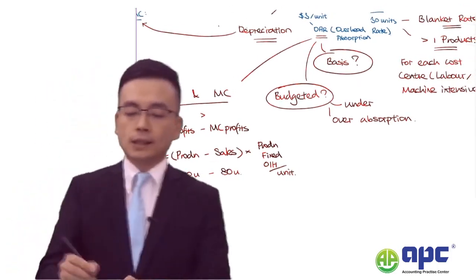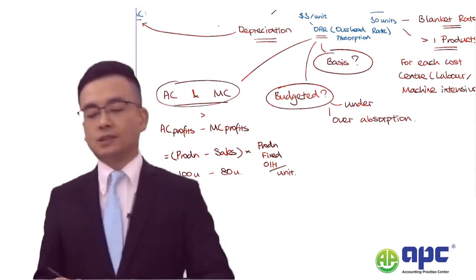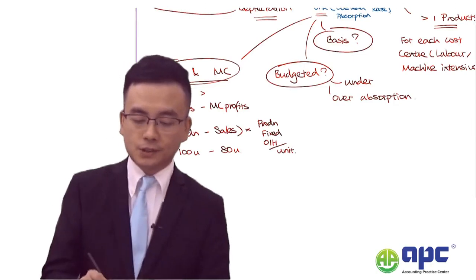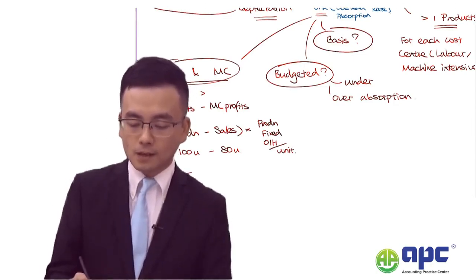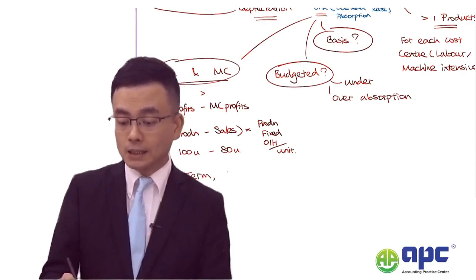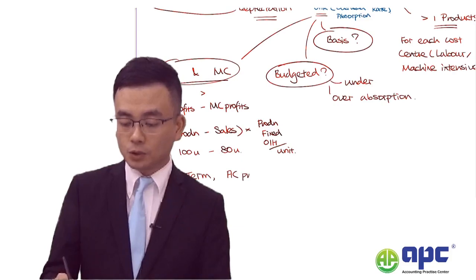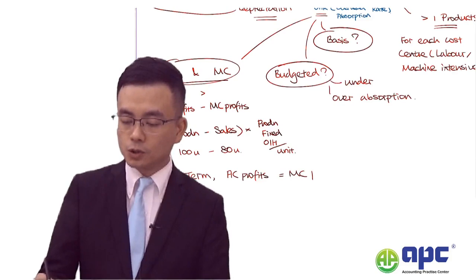But of course, the examining team will be very interested in the final point, that in the long term, ignoring time value of money, the total of the absorption costing profit will be the same as the total of the marginal costing profit.